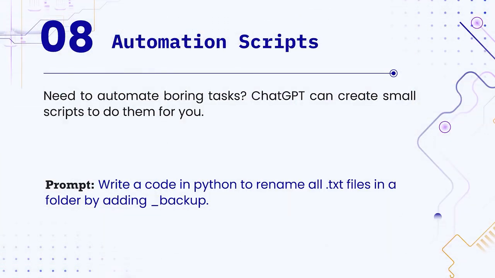8. Automation scripts. Need to automate boring tasks? ChatGPT can create small scripts to do them for you. For example, let's say we want to write a script that performs routine tasks faster than a human. Suppose we have some files we want to rename. Renaming them manually would be time-consuming, but with a simple script, we can get it done in seconds.